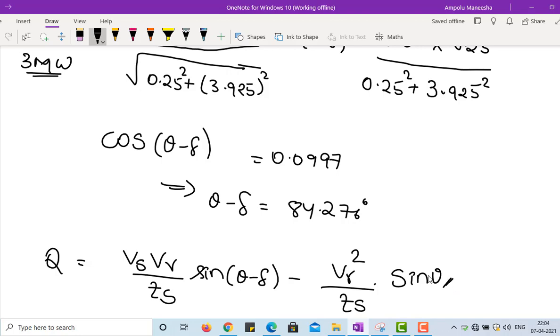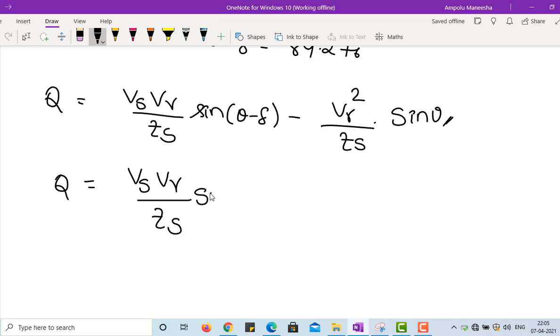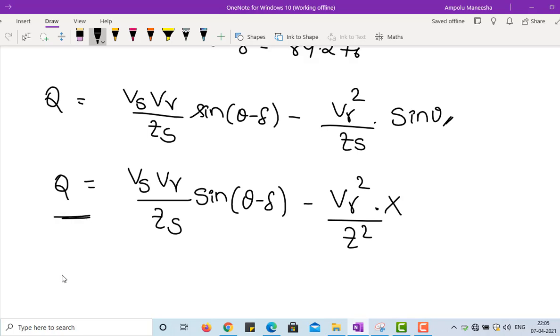Sin theta can be written as x by z. So, Q is equal to Vs VR by Zs sin theta minus delta minus VR square by Zs square into x. So, we need to find the value of Q.